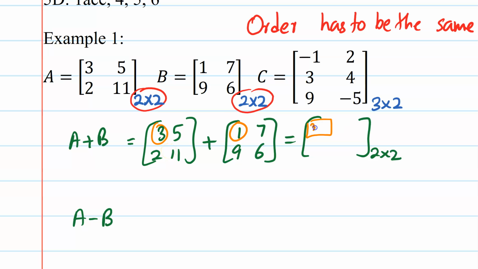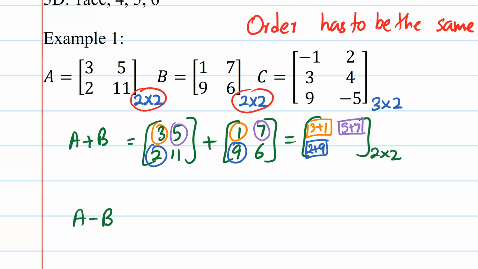So 3 plus 1 gives me 4. I'm writing the operation here so that it's clear to you. And then the next one, I'm looking at the first row, second column element, 5 and 7. So 5 plus 7. Then the next one is second row, first column element, 2 plus 9.